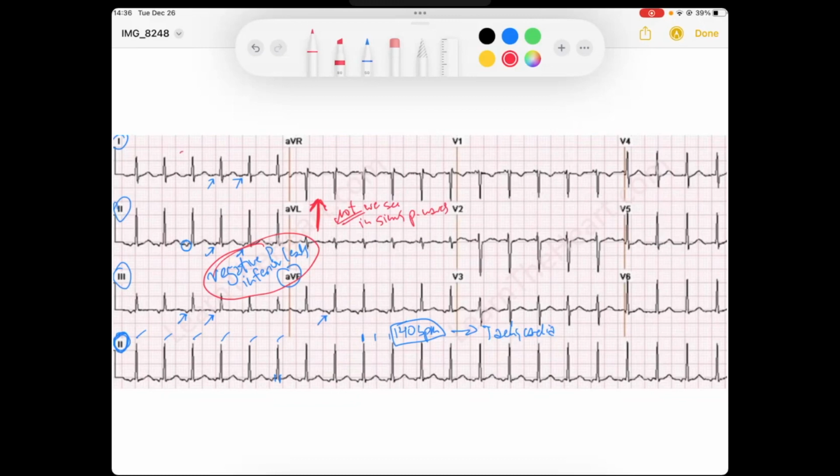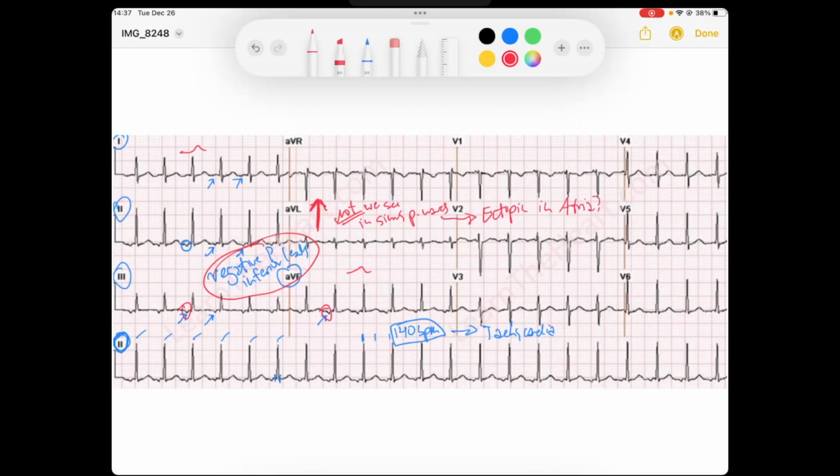Down into the left would be upright in lead 1 and upright in AVF, but we're seeing the opposite, where we're seeing these negative deflections down here. So these P waves are not coming from the sinus node, they're coming from somewhere ectopic in the atria.